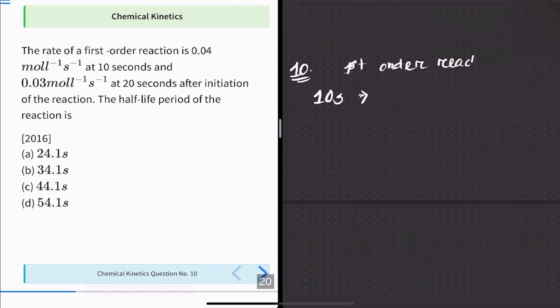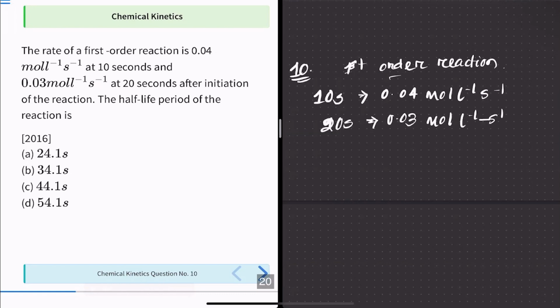After 10 seconds, the rate is 0.04 mole per liter per second. After 20 seconds, it is 0.03 mole per liter per second.